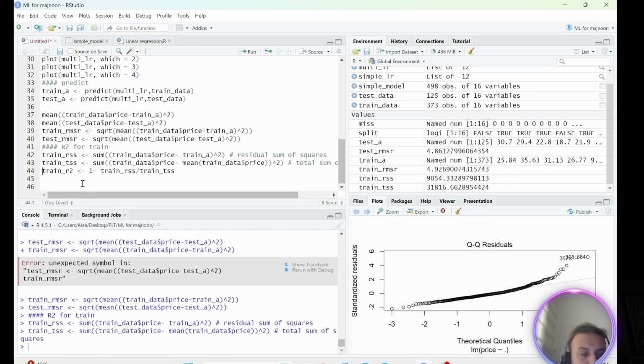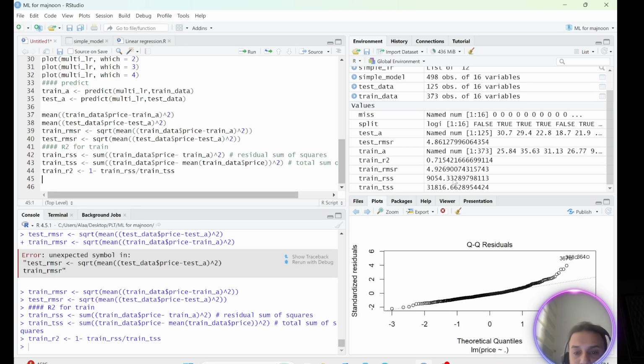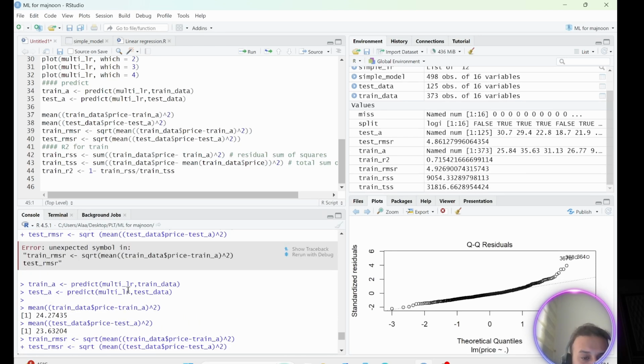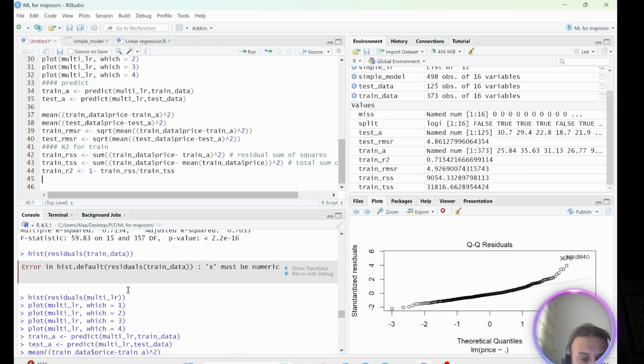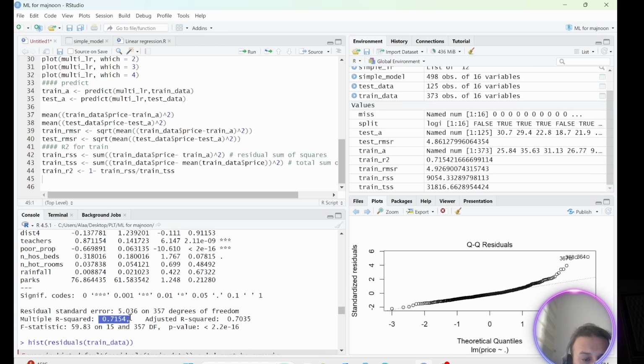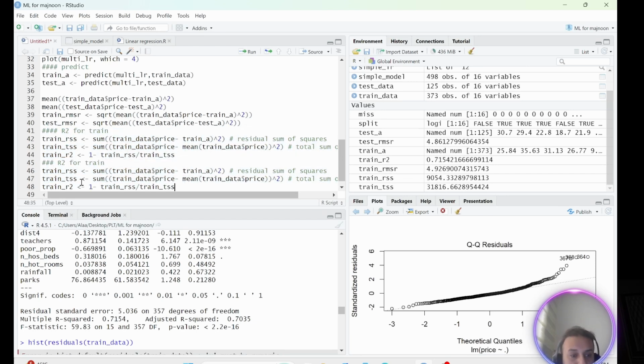This is train r square: 1 minus train residual sum of squares over the train total sum of squares. If you don't know what I'm talking about, please go back to the previous video. So the train r square 0.715154 is the same as what the model gives us.